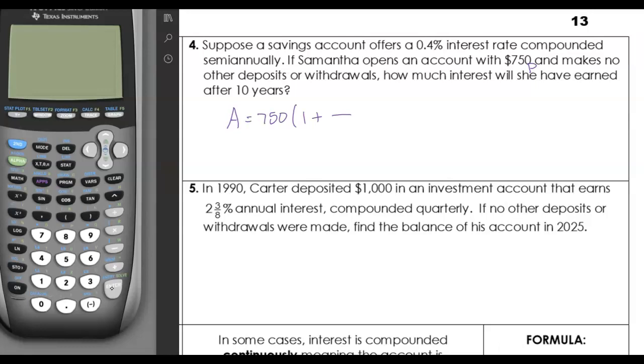Yes, you take that decimal and you move it 2 to the left, you end up with 0.004. Now, what's my n in this case? Yes, semi-annually, remember, semi means half, annually means year, so semi-annually is actually 2 times per year. And what is my time? 10 years. So I'm going to plug that all in.